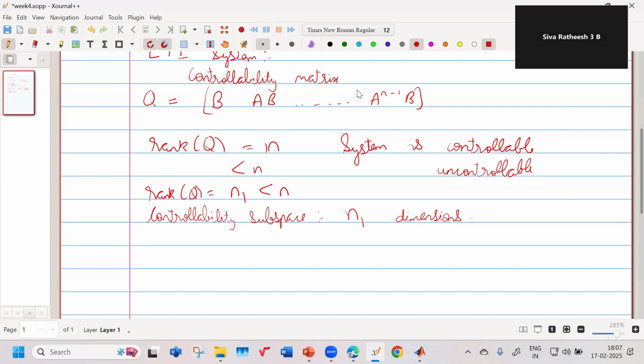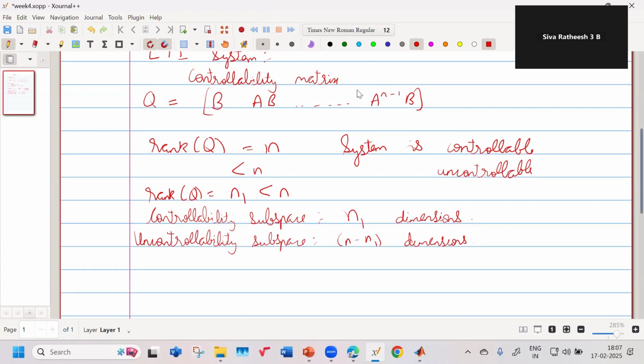And what is the uncontrollability subspace? That is in N minus N1 dimensions. All right, so this is regarding controllability, etc.